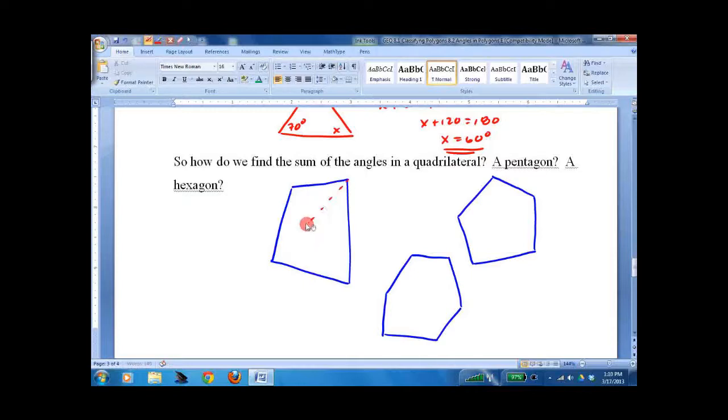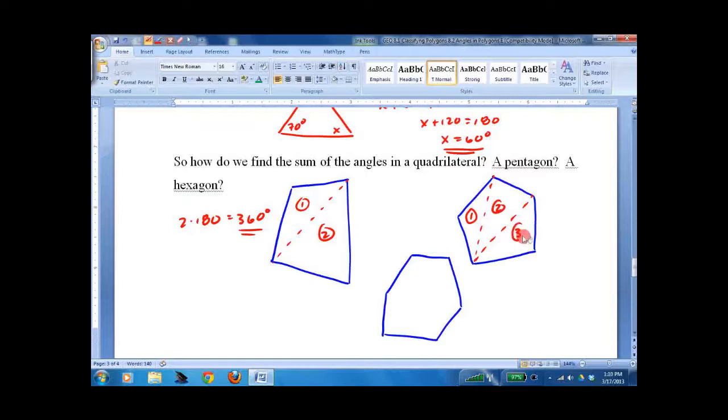Just slice it into triangles. So there's a three-sided shape. 1, 2. So 2 times 180, 360 degrees. Here's a pentagon. I just randomly make triangles as long as they're all triangles.